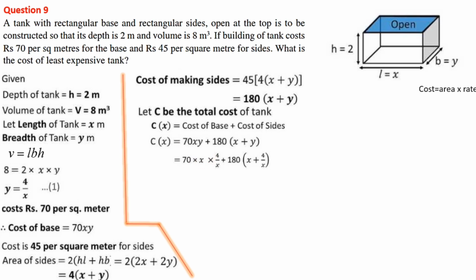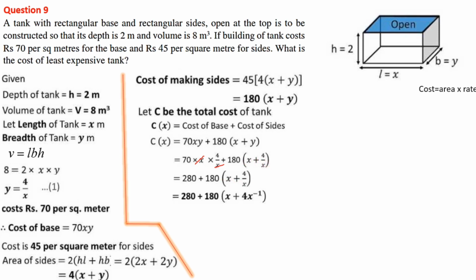Now everything we have to convert into a single variable because we are going to differentiate this. We have already converted y in terms of x, calculated and kept here. Substitute y is 4 by x. Then 70 into 4 is 280, x and x cancel. Then 190 into x plus 4 by x as it is.